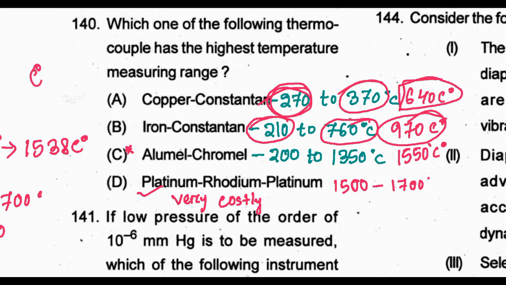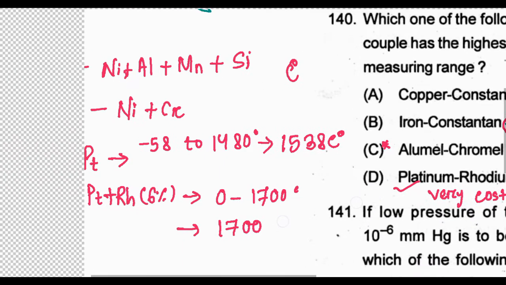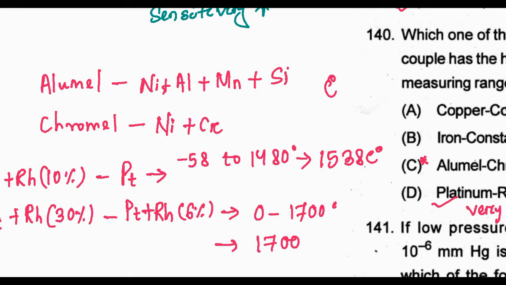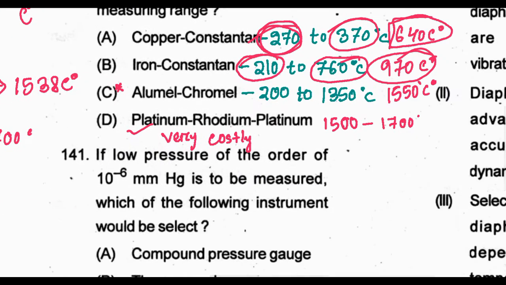And the next option is alumel chromel. Here I have already written what alumel and chromel are. Alumel is an alloy of metals like nickel, aluminum, manganese and silicon. Chromel is an alloy of metals like nickel and chromium in their respective percentages. So what is the range of alumel chromel?